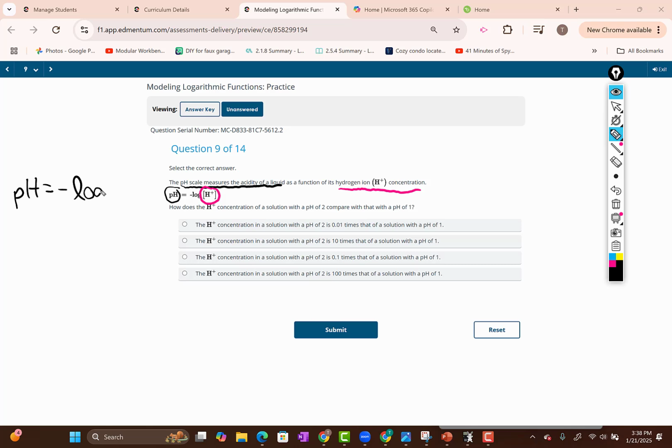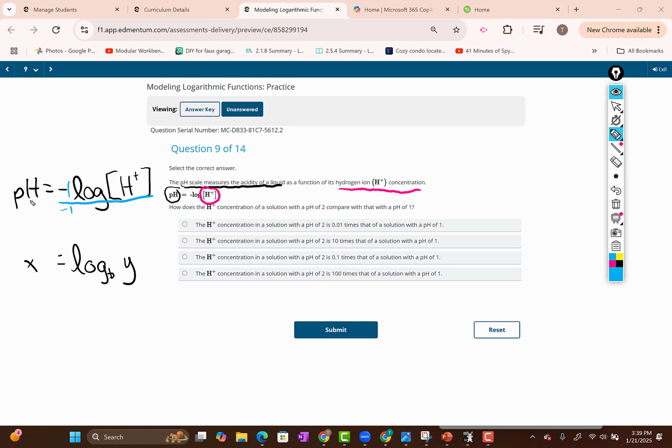What I will notice, students tend to deal better with this when it's in its inverse form. So this is almost in log form, like this is almost in log base b of y equals x form. The only thing preventing it from being in that form is we need to get rid of that -1 in the front.